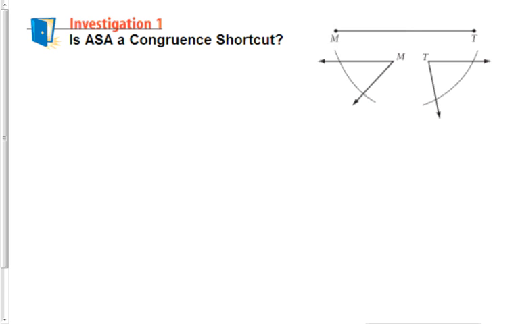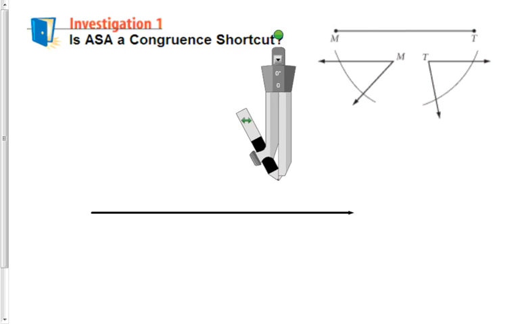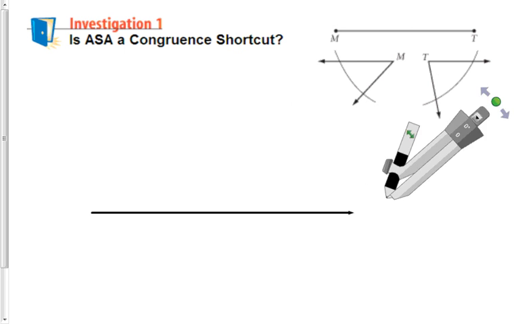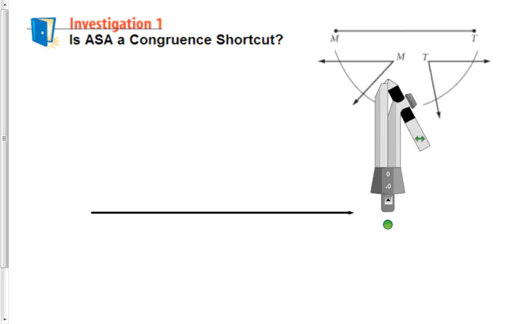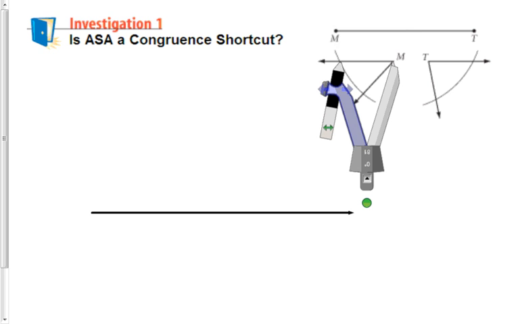Start with a ray. And on this ray, I am going to duplicate angle M. So I pull out my compass. I want to flip this over, rotate it around. Put my compass on vertex M. Slide it out to the arc.